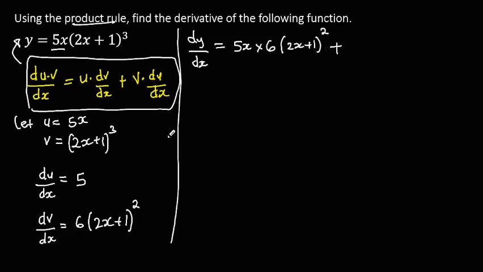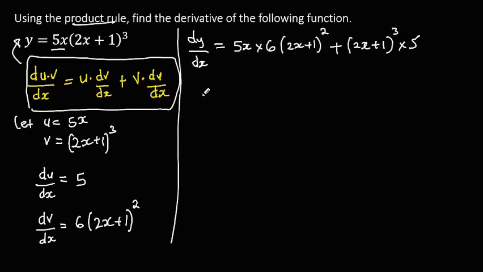Plus, v is this function here, that is (2x + 1) raised to the power of 3, then you multiply by du/dx. du/dx is the derivative 5, and from here, we just need to simplify our function.